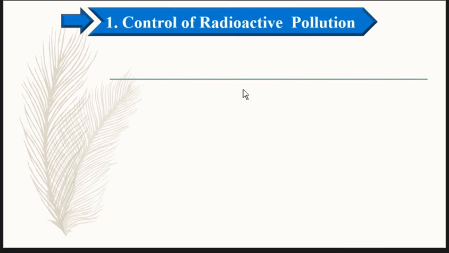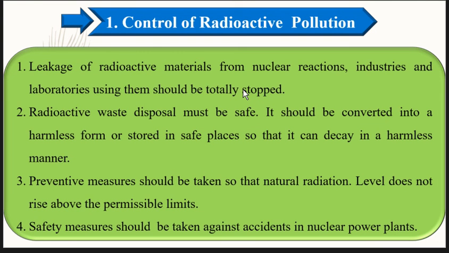Now let us see the remedies to control radioactive pollution. So the first remedy is leakage of radioactive materials from nuclear reactions, industries and laboratories using them should be totally stopped. Next is radioactive waste disposal must be safe.